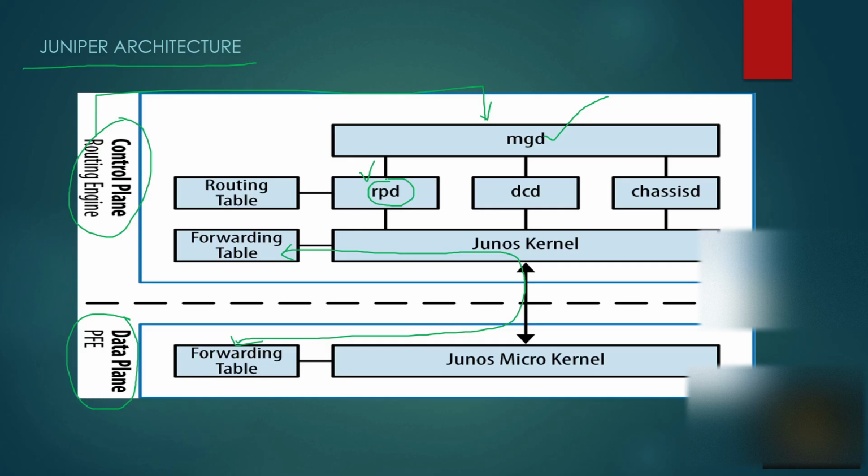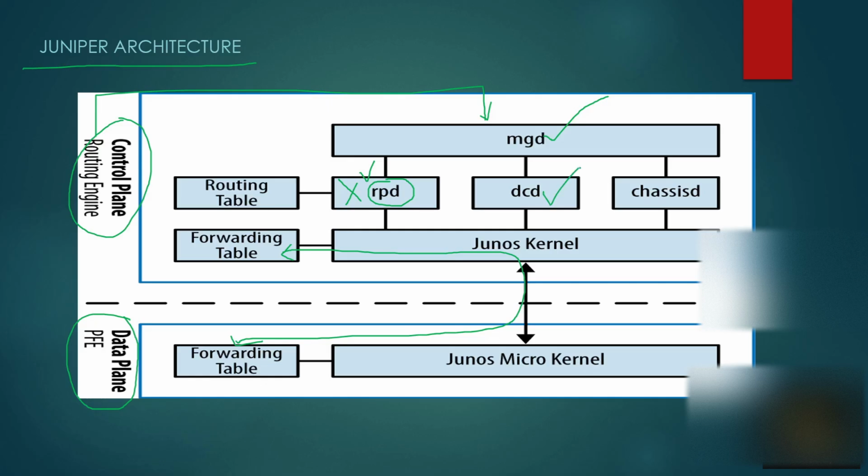So if you are configuring a routing protocol and it is not working fine, RPD is a problem. If the routing protocol daemon is not working, the other daemons are still working, right? So each task you have a separate process. That is the beauty of Juniper. For logging in to the device through SSH, we have a separate process. To handle the routing protocols, we have a separate process.